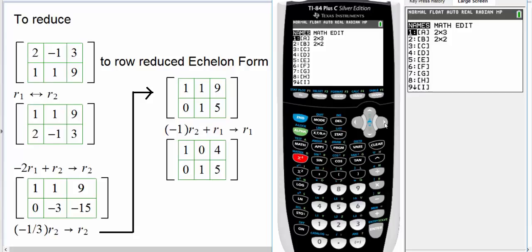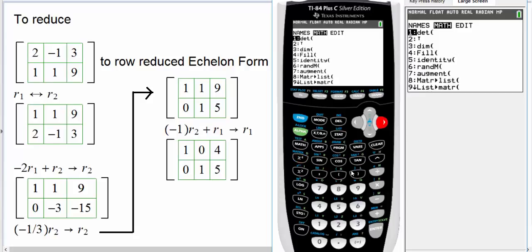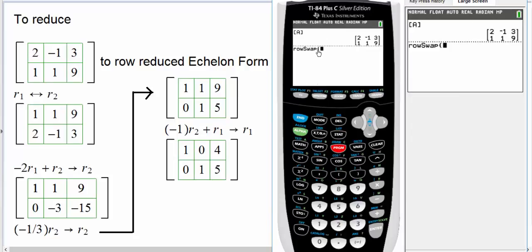All right, so we are going to go to math, and remember the letter C was our option. So I went to this row swap, and what we want to do is, in this matrix A, we will put the matrix A here.